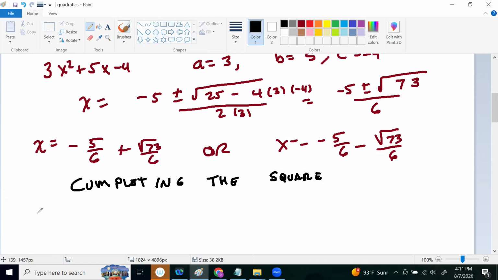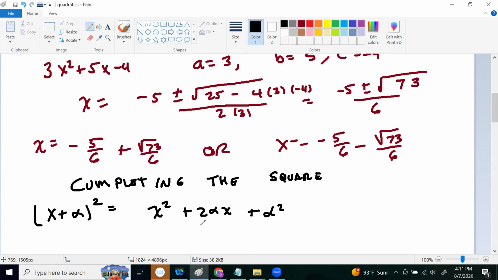What this means is like if you have something that looks like, let's say, x plus alpha squared, you square that out, so it's x squared plus 2 alpha x plus alpha squared. So this is a perfect square.